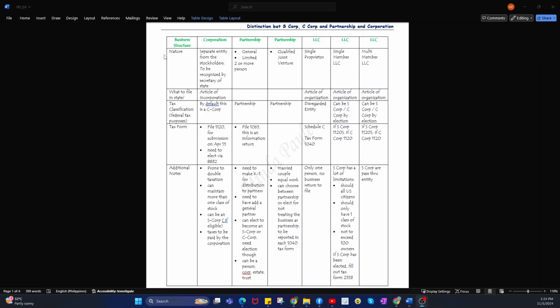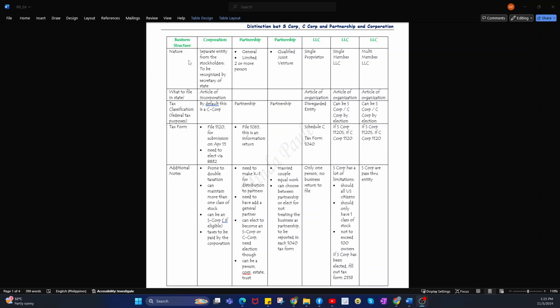So let's start off with corporation. In this tabular presentation, we have here corporation, partnership, and LLC. I'll be giving you some distinction between each of the business structures. So for corporation, by nature, this is a separate entity from the stockholders.